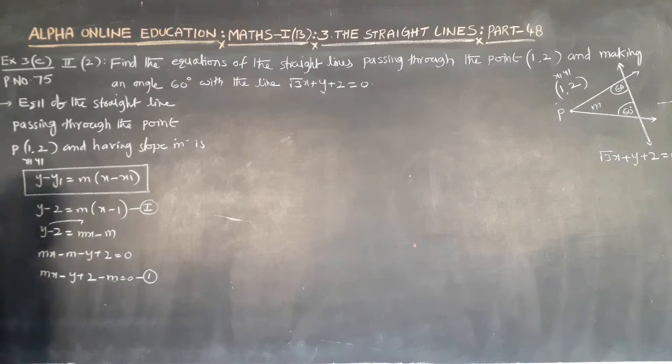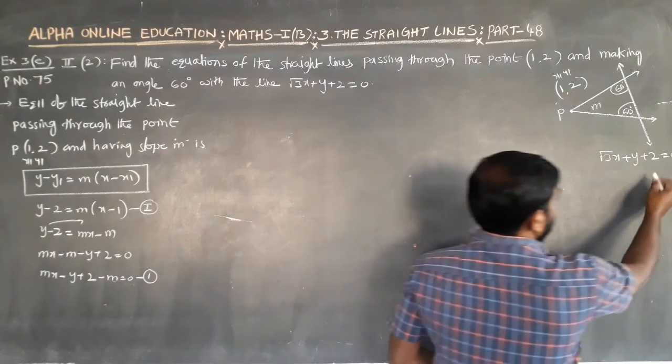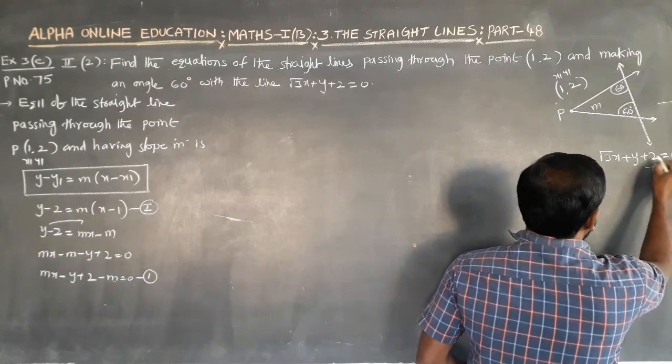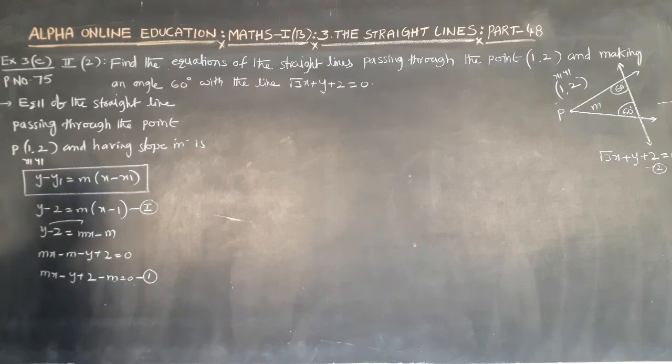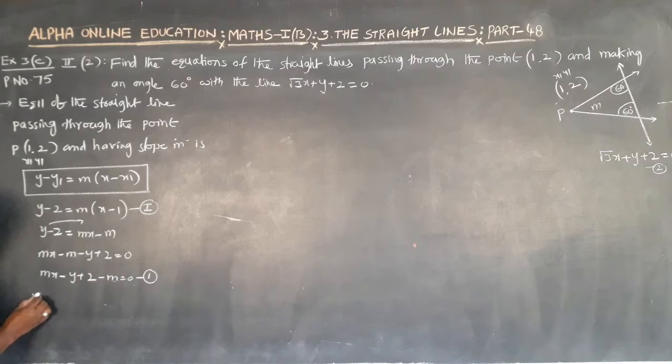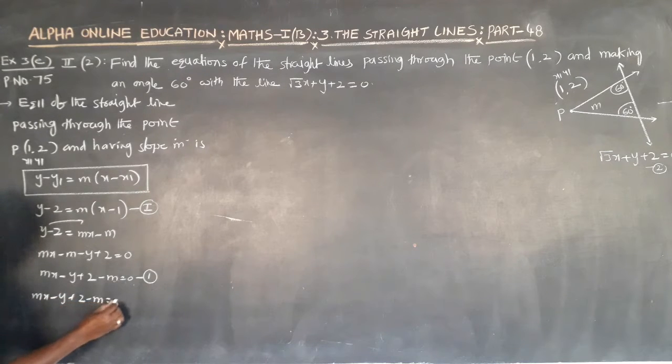This is equation number 1. This is equation number 2. Here the angle between the two lines is 60 degrees.